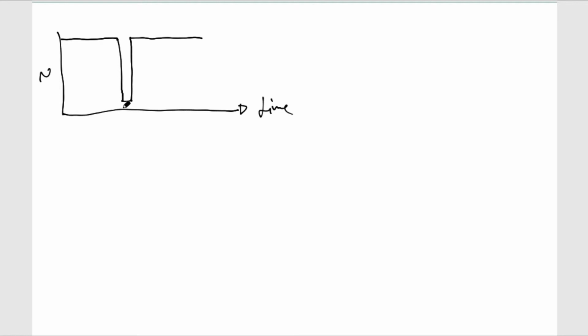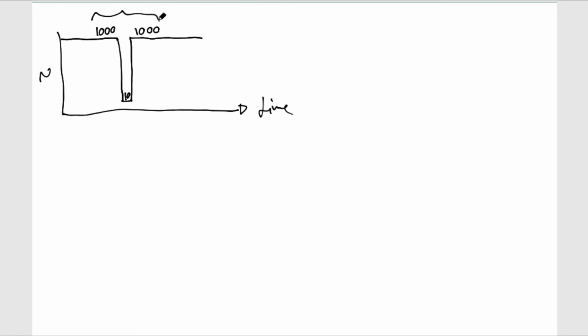So let's just say we look at 3 generations here: the generation of the bottleneck, the generation before, and the generation after. And say we have population size 1,000 here, and then it drops to, say, 10 individuals, and then it jumps right back to 1,000 individuals. Okay, so what is the effective population size here in this time period of these 3 generations?